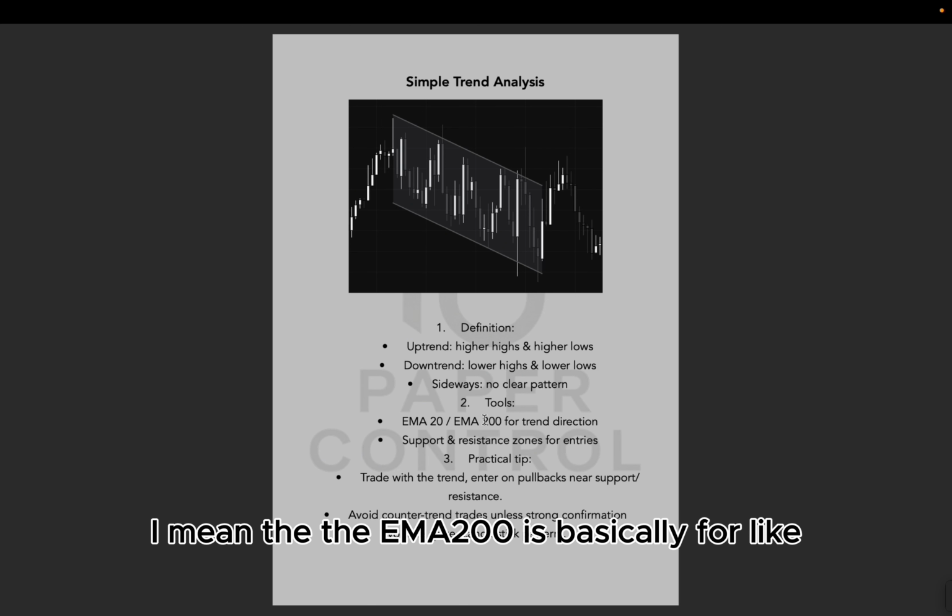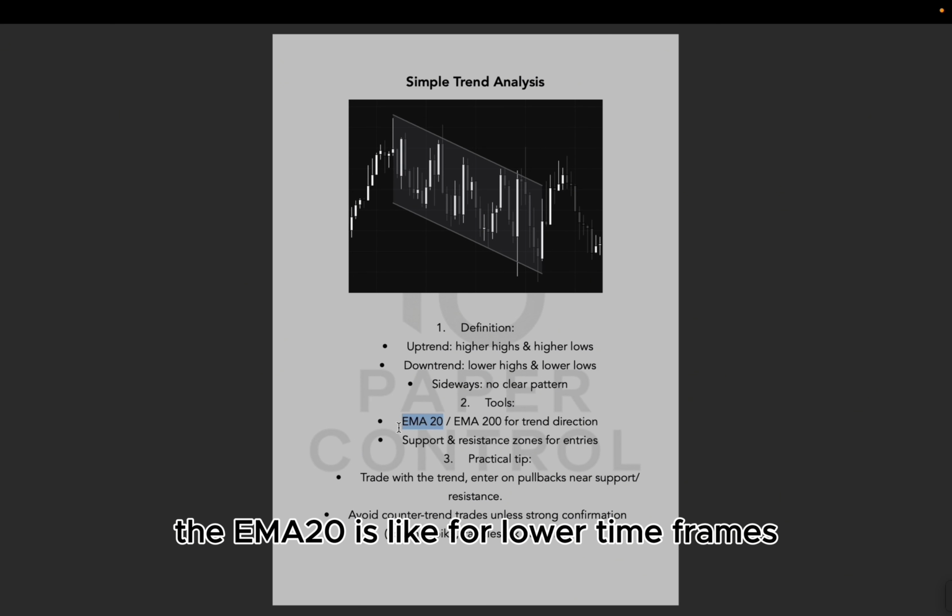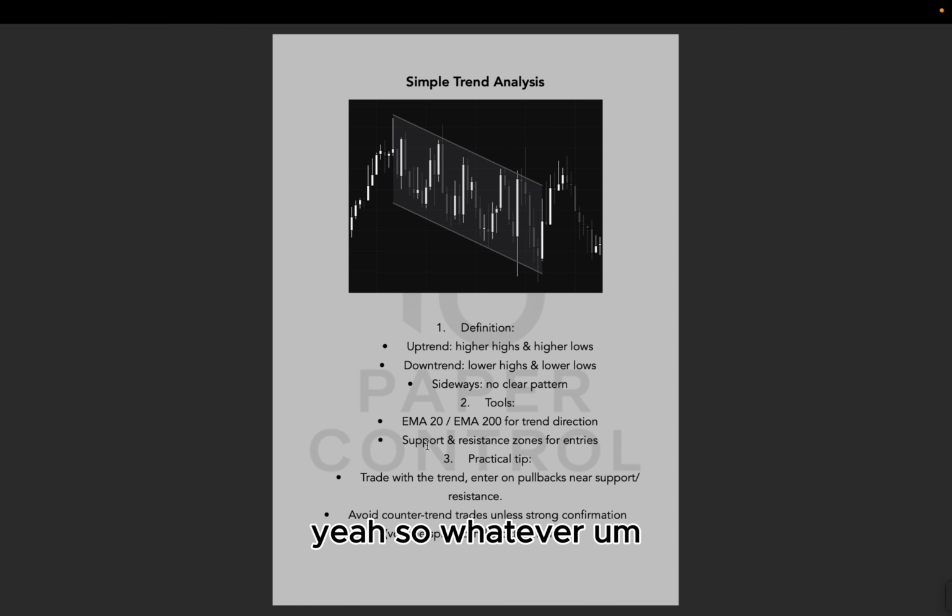The EMA 200 is basically for higher time frames, and the EMA 20 is for lower time frames.